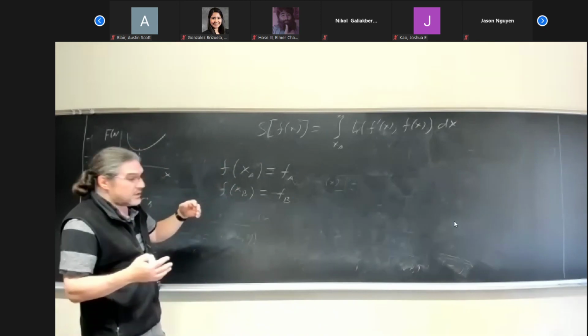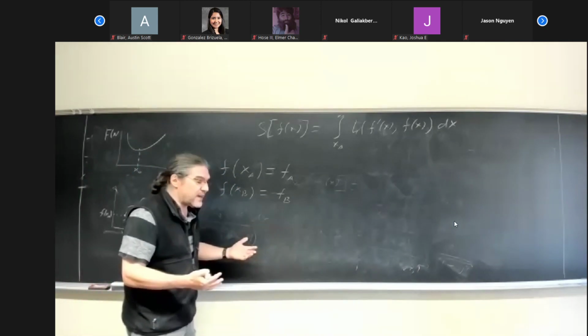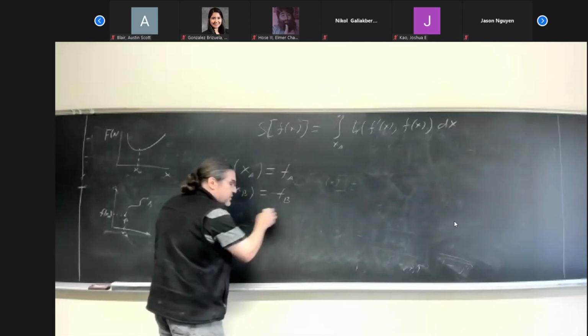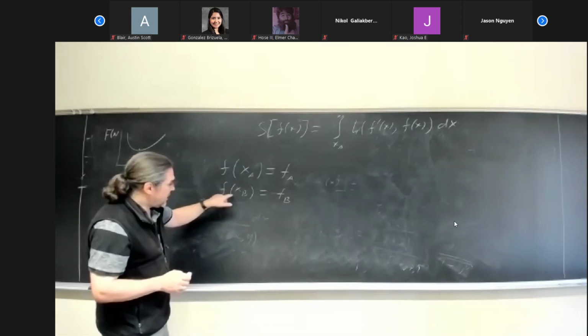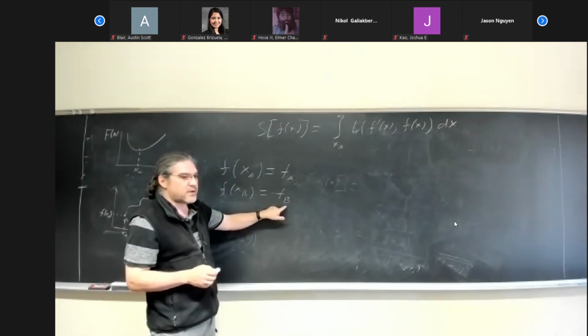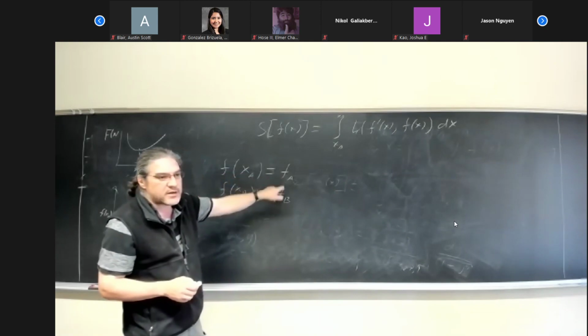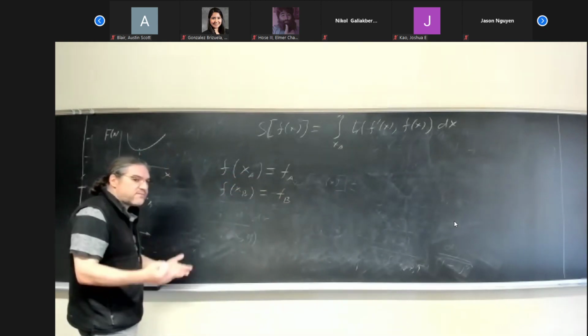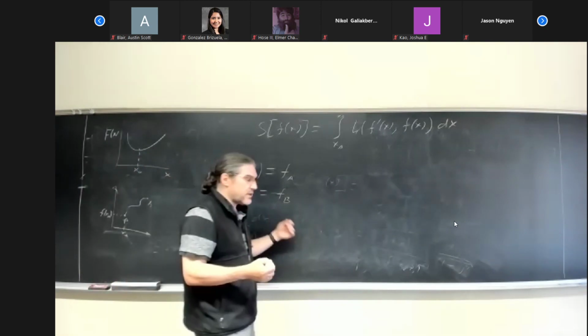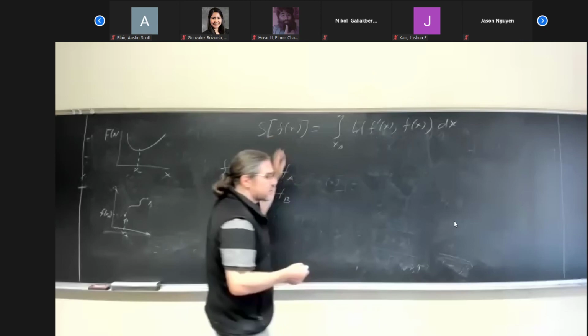So in more abstract language, what it means is that I need to consider all the functions which satisfy those boundary conditions. The function at point xb equals some given number fb, and the function at point xa equals given number fa. And in the space of functions which satisfy the boundary conditions, I need to find such a function which provides me the minimum of my functional.